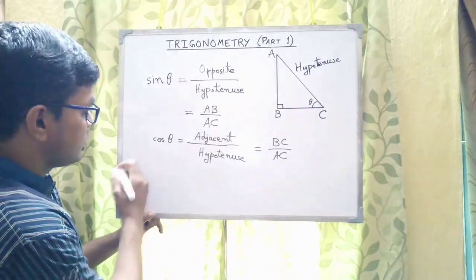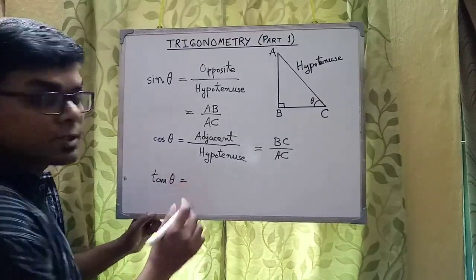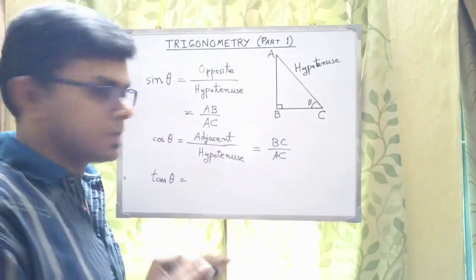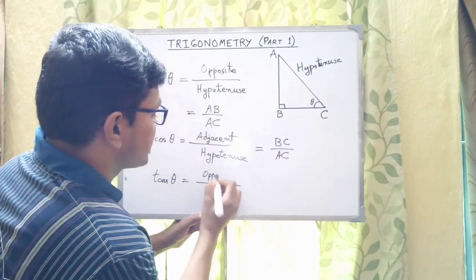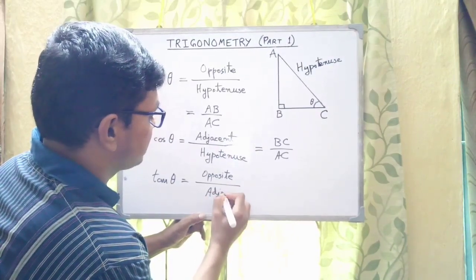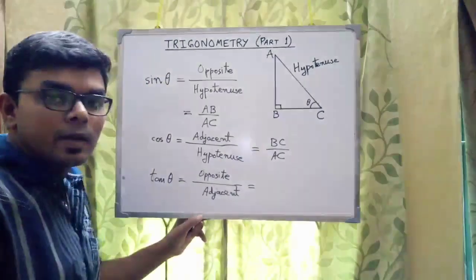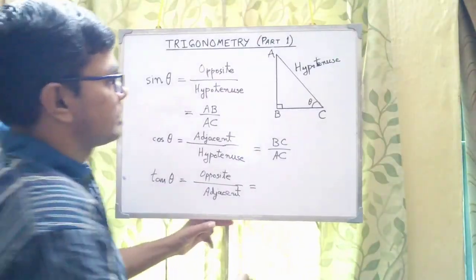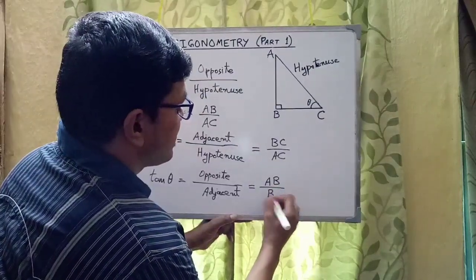Then we move on to tan theta. See, these are just the definitions. Please remember these definitions. Tan theta equals opposite by adjacent. That equals AB by BC.